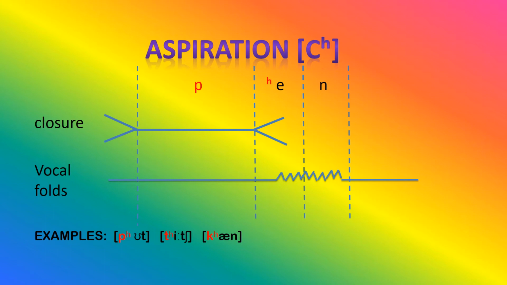Aspiration affects voiceless plosives when they are initial in stressed position in the syllable, and it is an extra puff of air that we perceive at the onset of the vowel that follows the plosive. This occurs because the release stage of the plosive causes a delay in the vibration of the vocal folds.